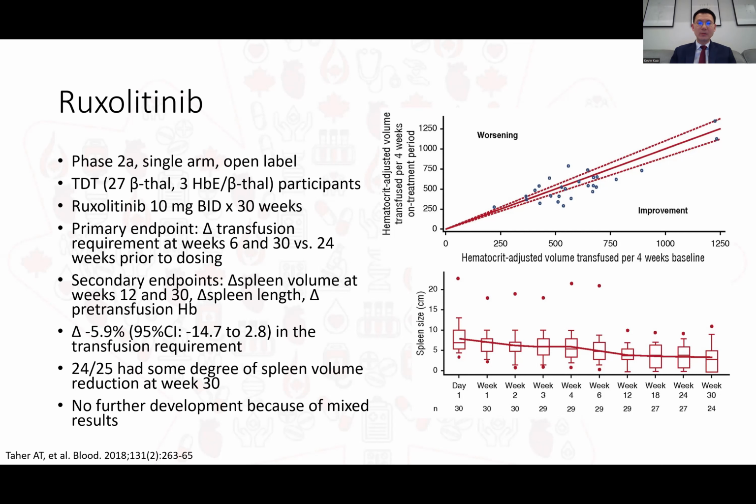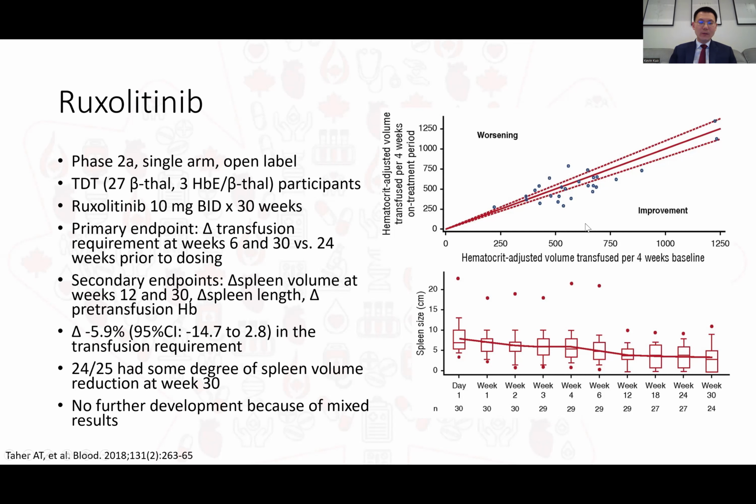Secondary outcomes include changes in spleen volumes at weeks 12 and 30, changes in spleen length, as well as changes in pre-transfusion hemoglobin. What was observed was a reduction of 5.9% in the transfusion requirement of these patients.